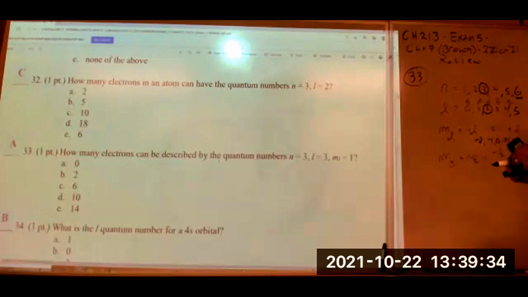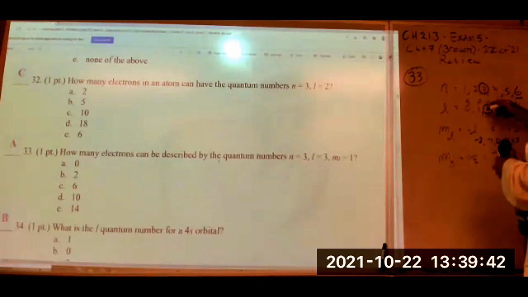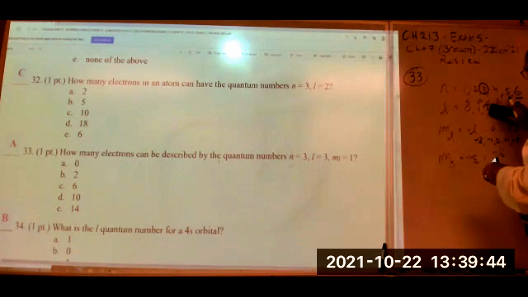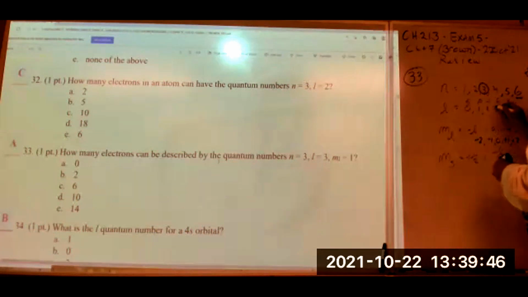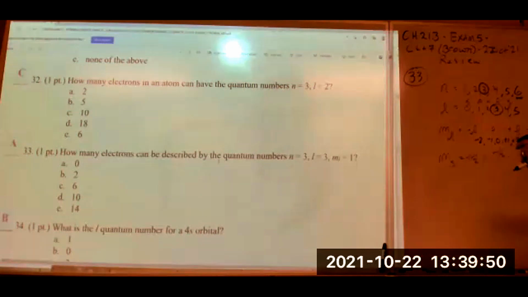Okay, how many electrons can be described by the quantum numbers n equals 3, L equals 3, m sub L equals 1? So n equals 3. And then we're going to go back over here to 3. But now we're restricting it to m sub L equals 1. Is that possible?